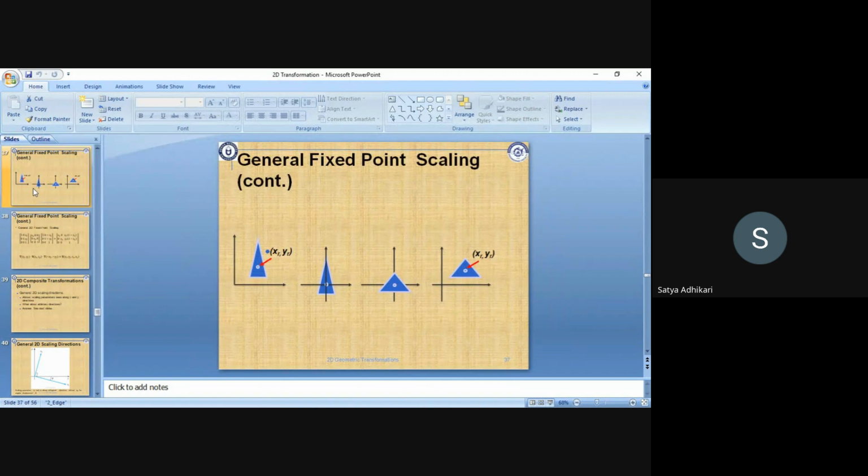You see here. Now you see the first picture: it is a triangle given in blue color, and we have to change the size of the object.